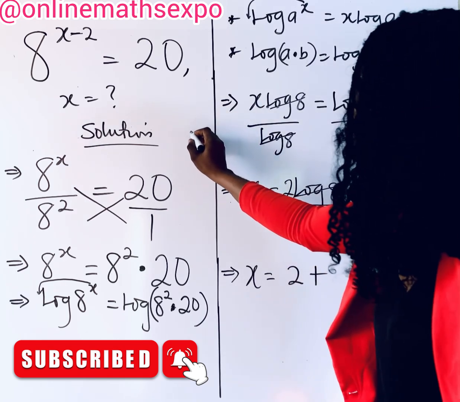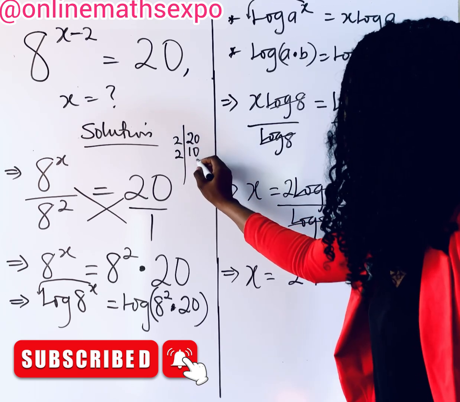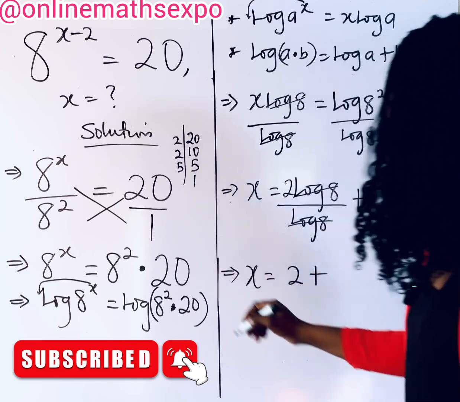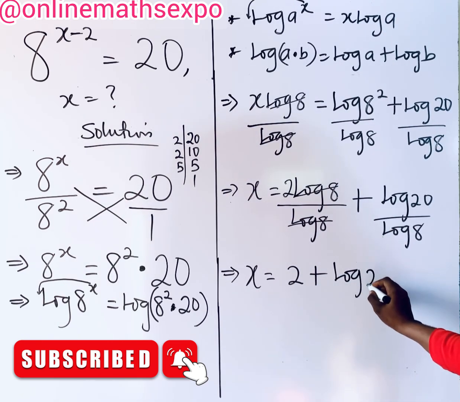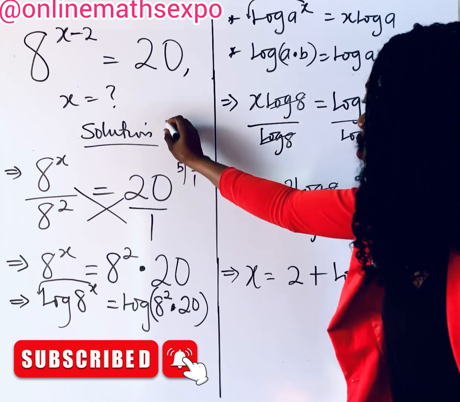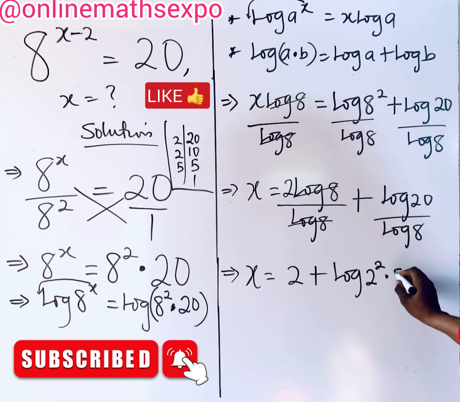And what do we have? For 20, 2 goes in 20 to give 10, 2 goes in 10 to give 5, 5 goes in 5 to give 1. So it means that 20 is the same as 2 to the power of 2 multiplied by 5, because 2 appears twice. Did you see? So we are having log of 2 to the power of 2 multiplied by 5, which gives you 20.